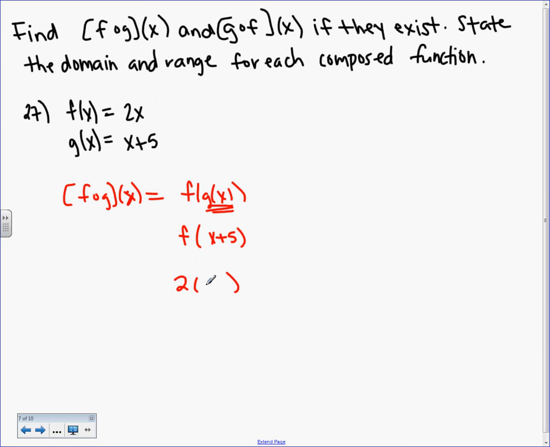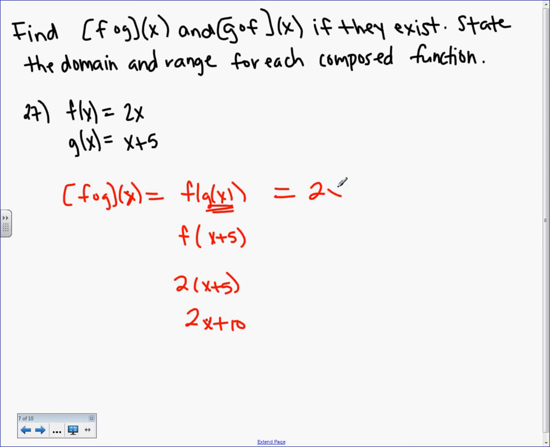And instead of an x, I'm going to put x plus 5, because that's what they said to put in for x. So my f function said 2x, but instead of x, it's really x plus 5. So simplify. What's that give me? 2x plus 10.